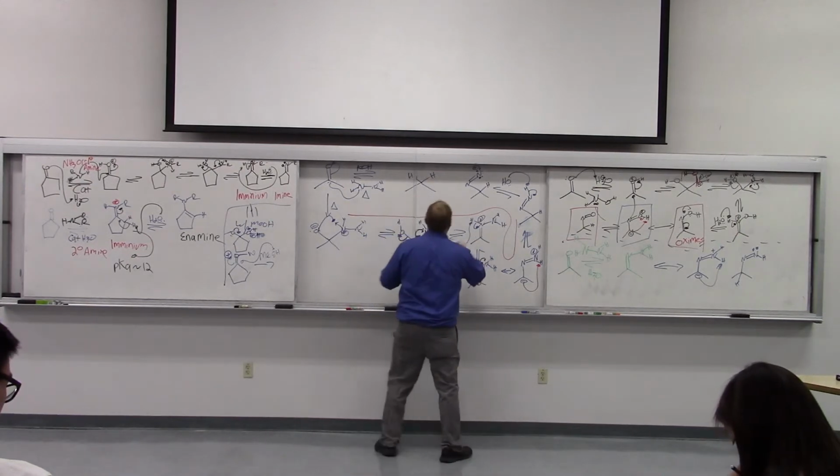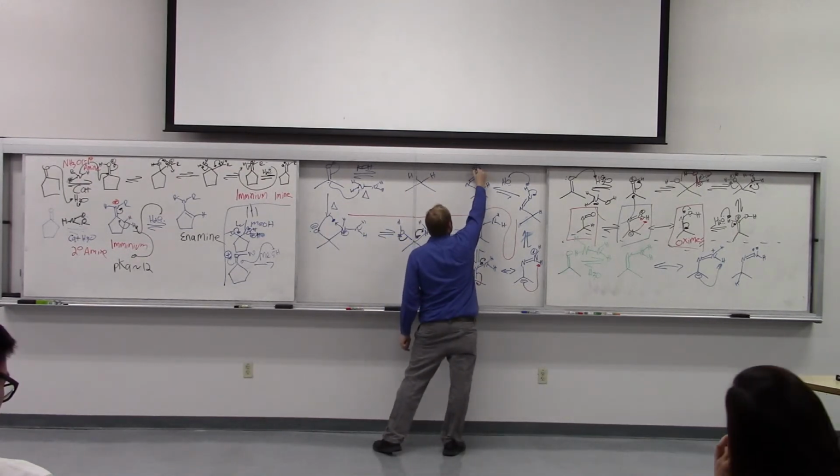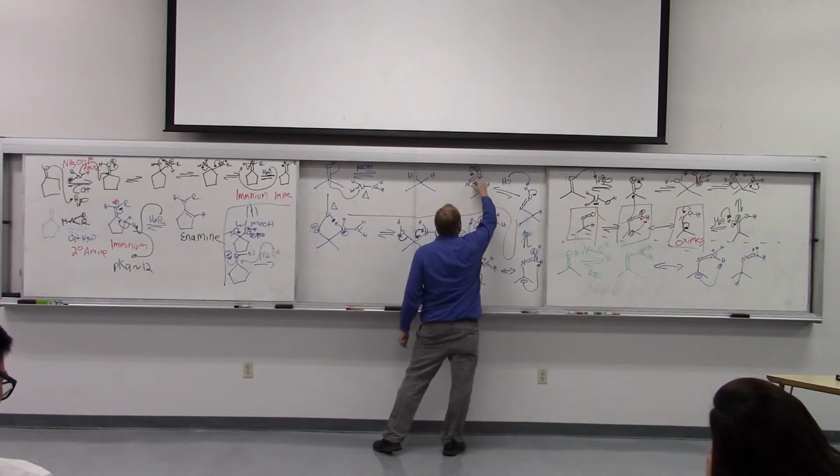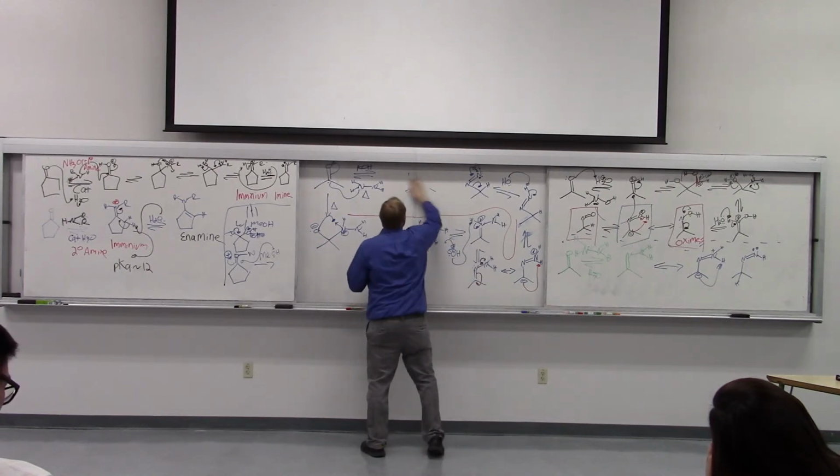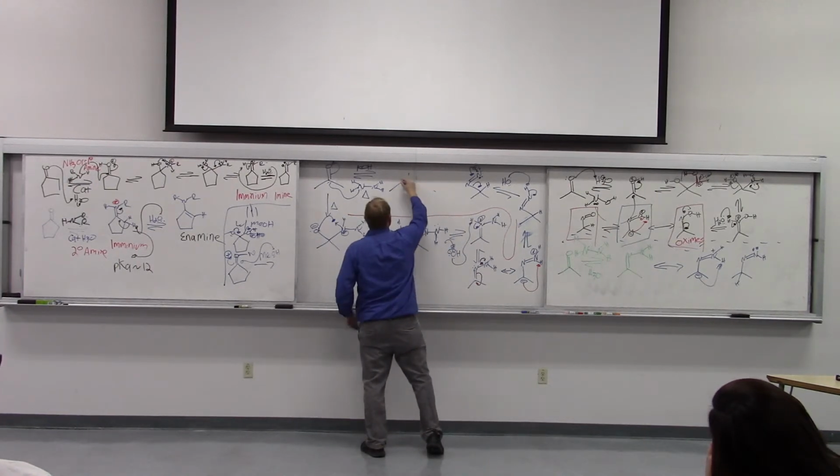And then the next thing we're going to draw is that this lone pair of electrons is going to kick down to give us, let me redraw the product with a little more space.